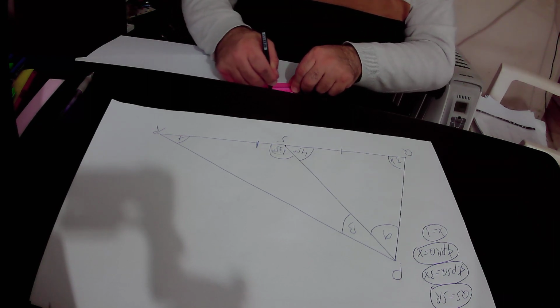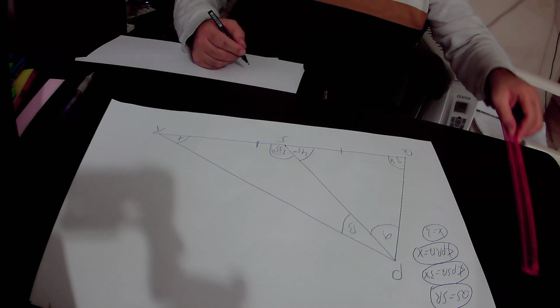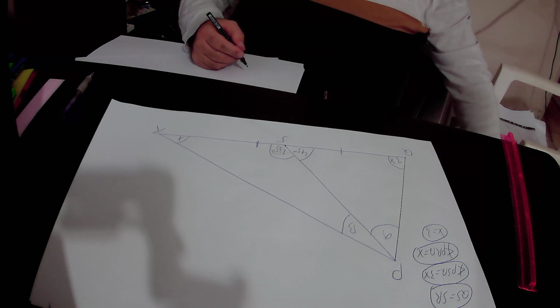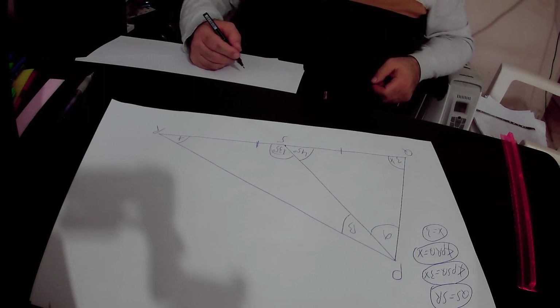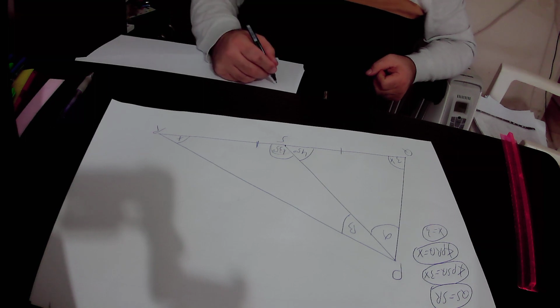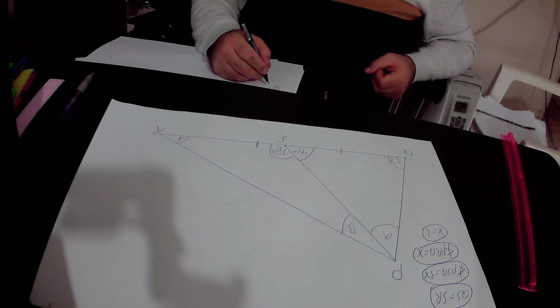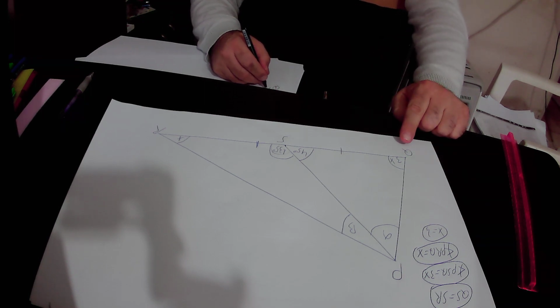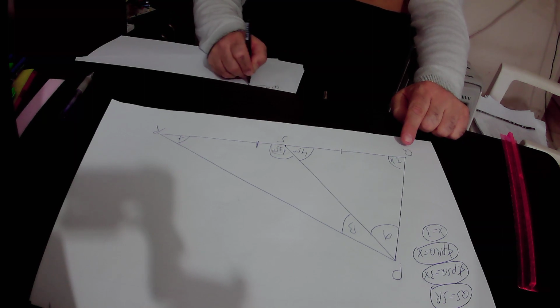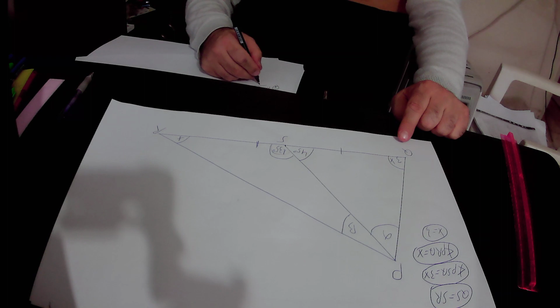So according to the equation that a over b equals sine A over sine B, we will get that PS over QS is equal to sine 3x over sine alpha.